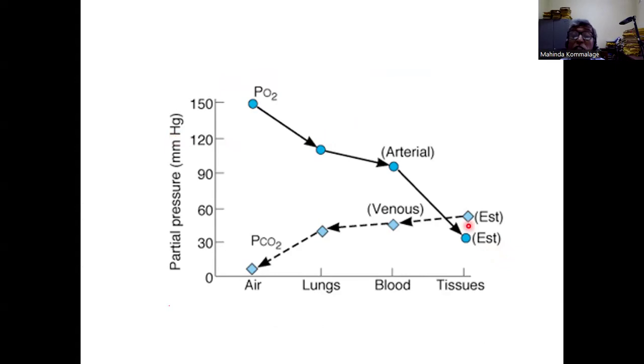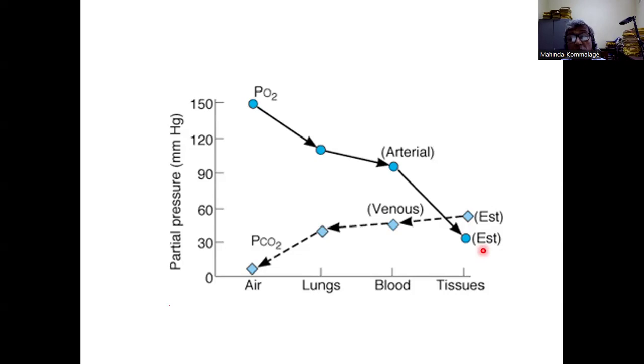That's referred to tissue. Actually, these values are estimated values. I think that's what it means, estimated value, right? Because the exact value in the tissue level might vary depending on the exercise and so on. I think it means estimated. Artery, venous. Yes. Thank you, sir.